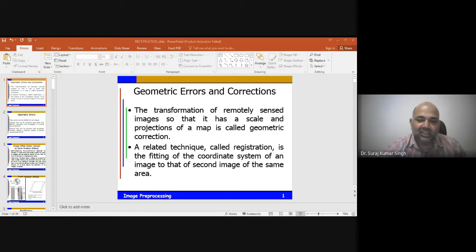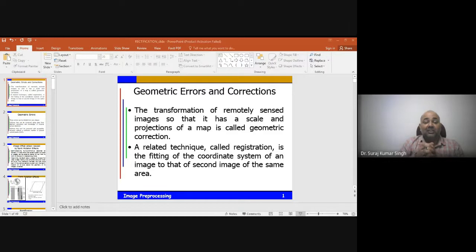RMS error is computed with a Euclidean distance. We'll be discussing that in detail in the coming slide. So what does it mean? It is the root mean square error. We calculate all the errors, taking what we provided as input and what has been retransformed, and then express the amount of total deviation that has happened in the field.